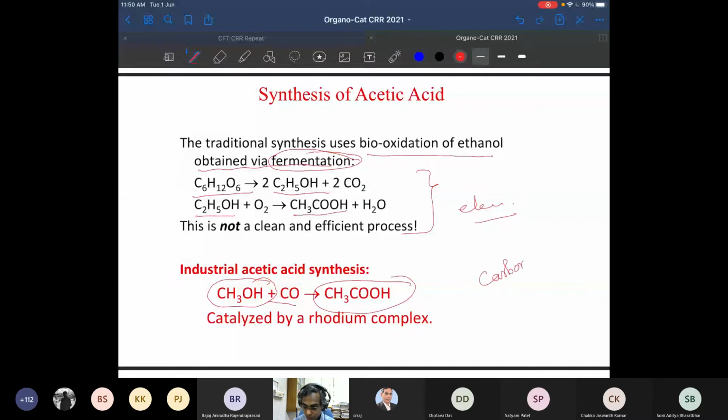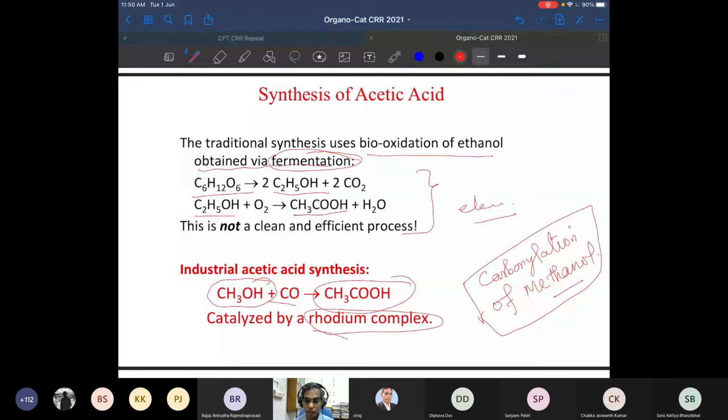Carbonylation of methanol. We need a catalyst. Basically, we have the rhodium metal, the rhodium catalyst.